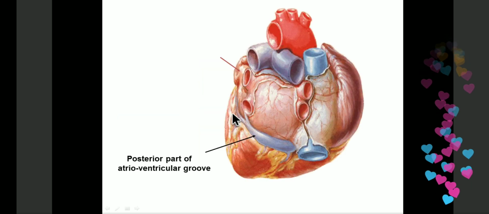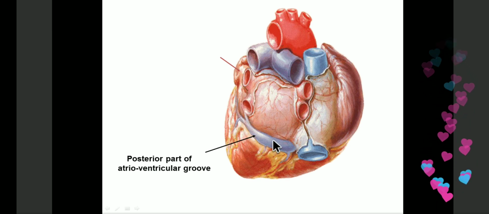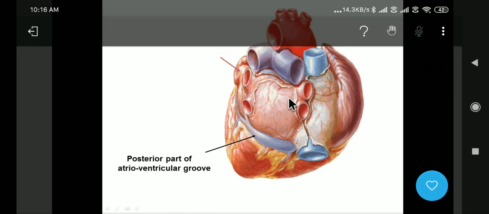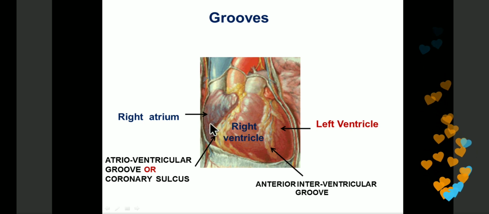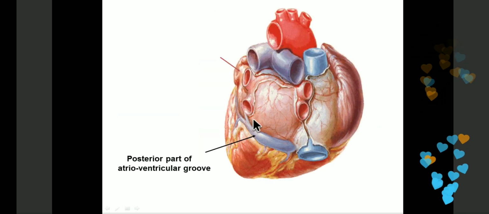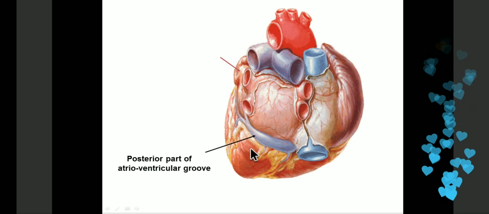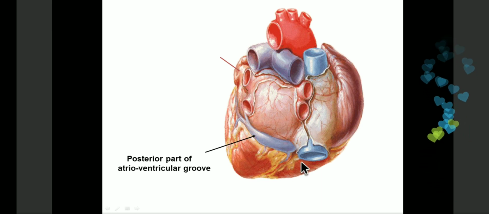Posteriorly, you can identify this posterior part of the atrioventricular groove, which is also called the coronary sulcus. This groove is lying at the boundary between the atria and ventricles. On the anterior surface also, this is lying at the boundary between the right atrium and the right ventricle. Posteriorly also, you can identify the place between the left atrium and the left ventricle over here, and over here the right atrium and right ventricle.